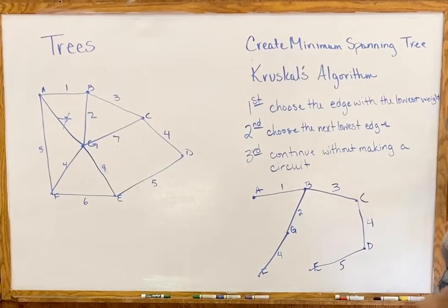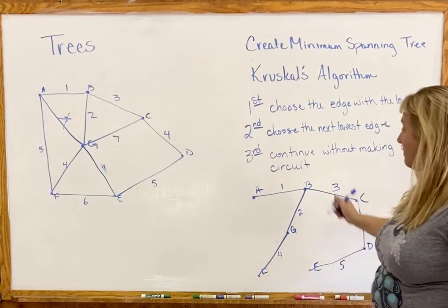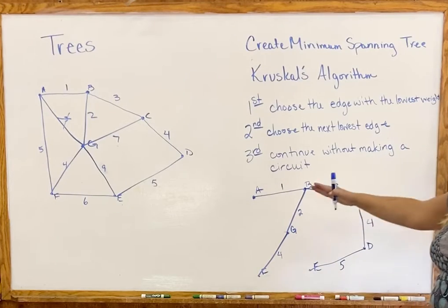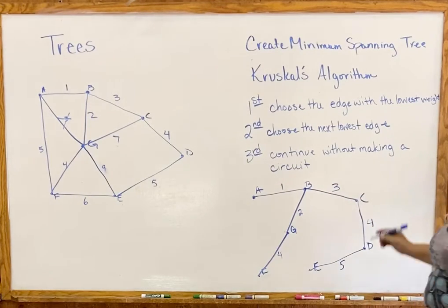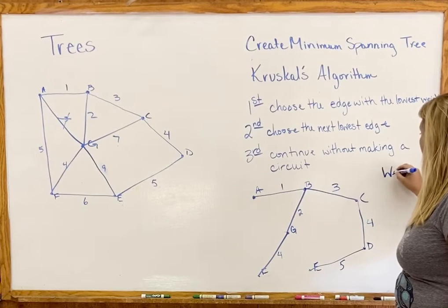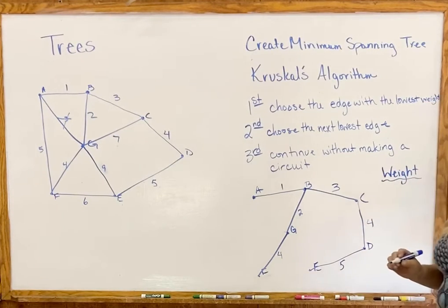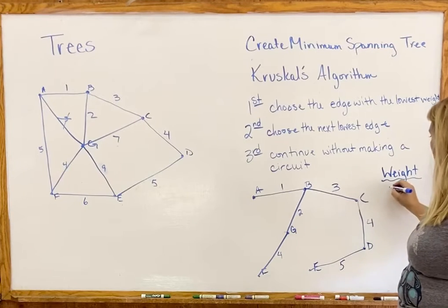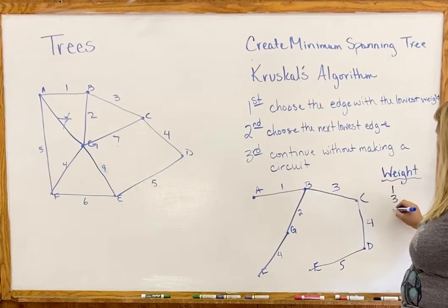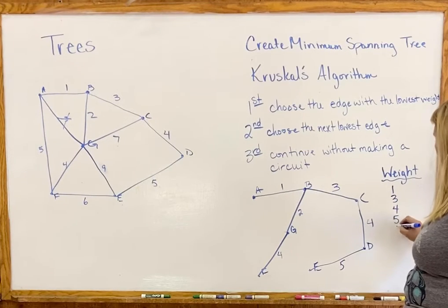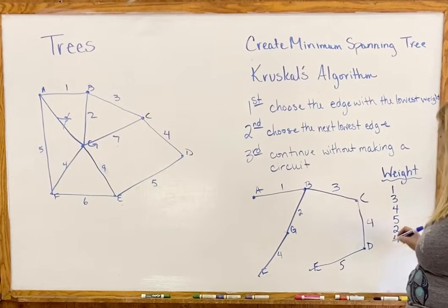So when you have this minimum spanning tree, here's the visual. But also what we want is the weight. So over to the side, we're going to add up all the different weights that we had. So we're just gonna add up our different line segments. We're gonna have 1, 3, 4, 5, a 2, and a 4, right?